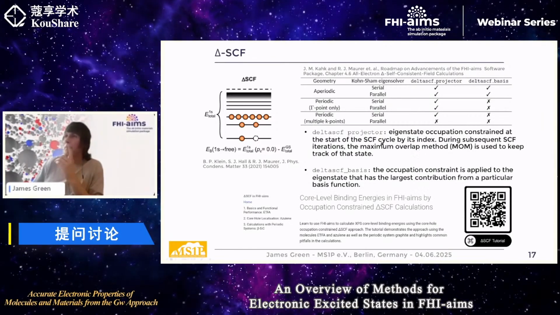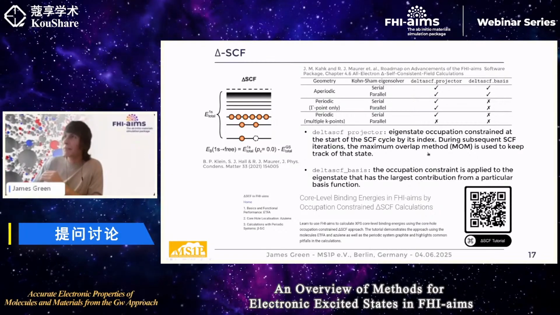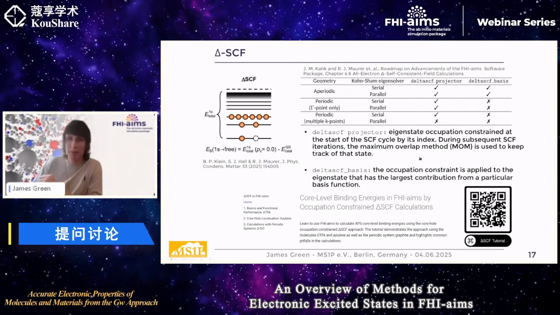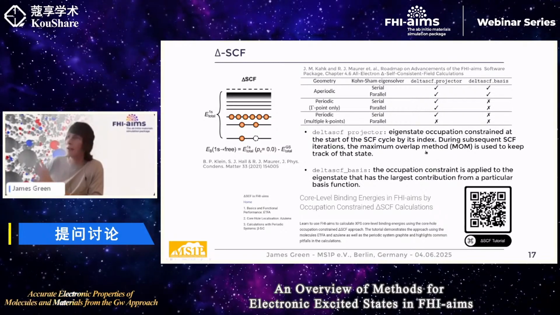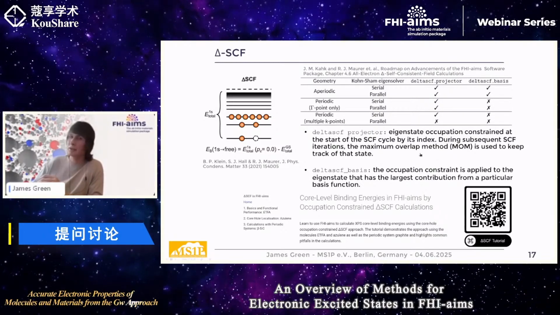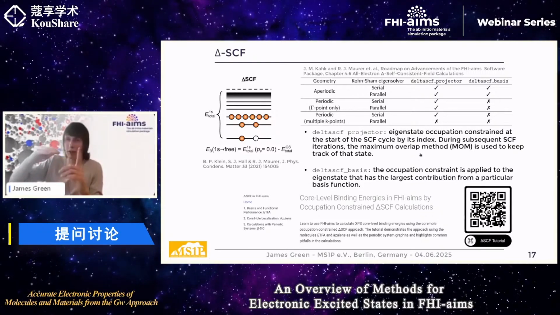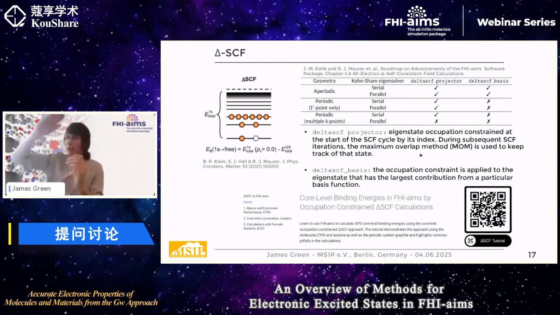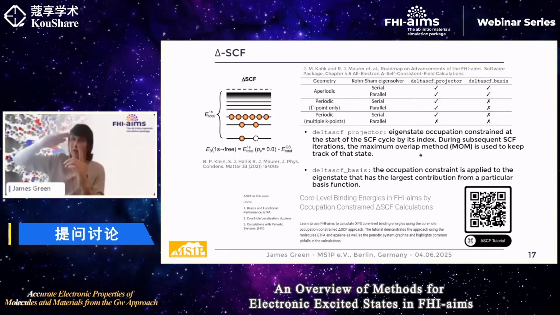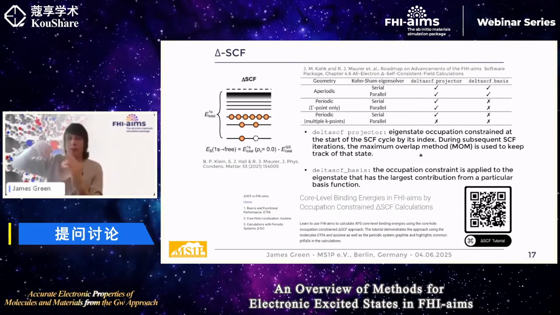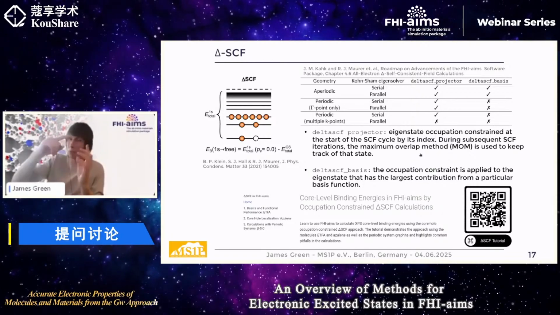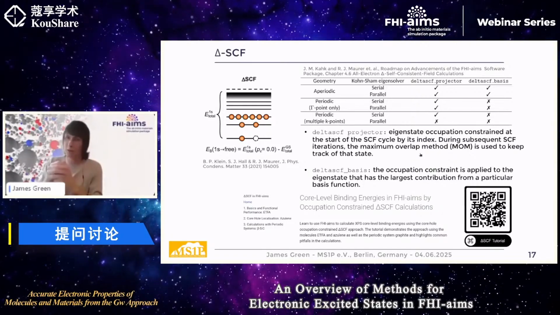Yes, so the delta SCF projector method has this maximum overlap method implemented in it. So the idea is that the state that you choose at SCF step 1, even if it changes order later in the SCF, is still kept as the one you want to fix the occupation of later in the SCF.